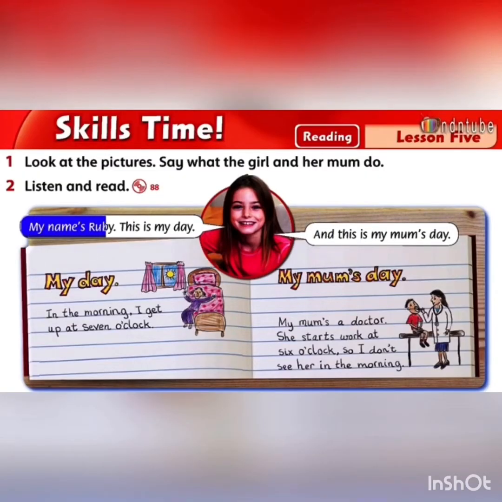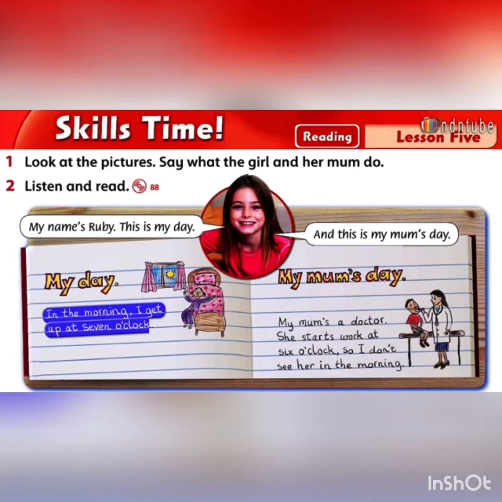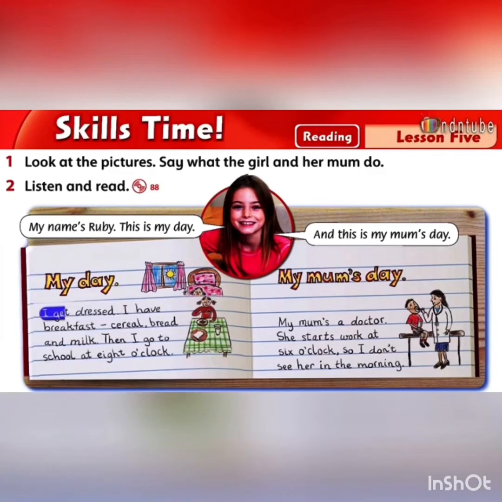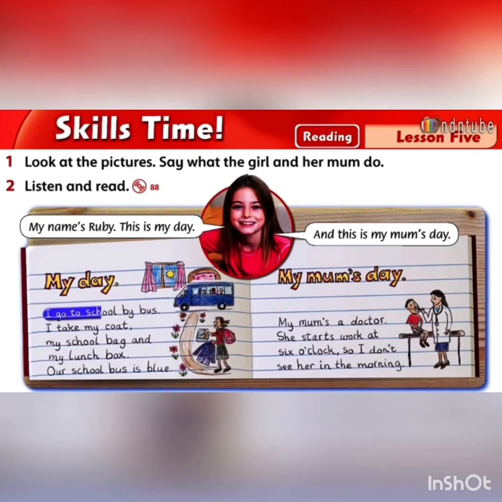My name's Ruby. This is my day. In the morning, I get up at 7 o'clock. I get dressed. I have breakfast, cereal, bread. Then I go to school at 8 o'clock. I go to school by bus. I take my coat, my school bag, and my lunchbox.